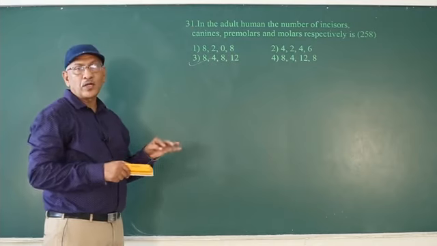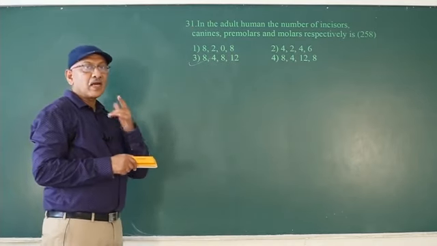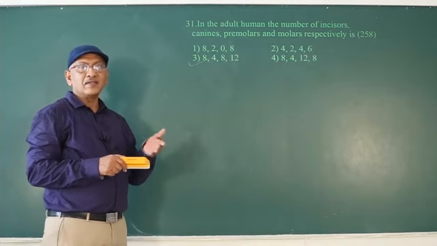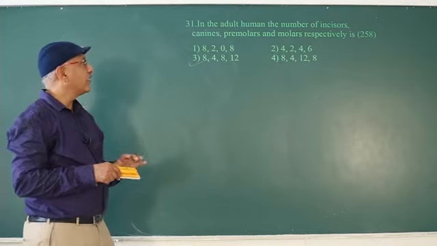Regarding structure, 4 types. Regarding function, 3 types of teeth. Incisors cut the food material. Canines tear the flesh. Premolars and molars grind the food materials.